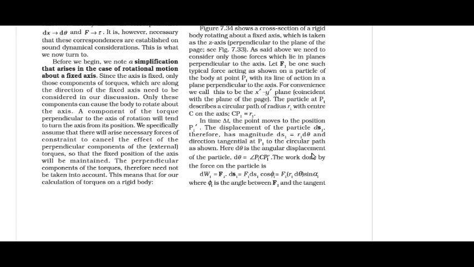Here d theta is the angular displacement of the particle, d theta equal to angle P1 C P1'. The work done by the force on the particle is dW1 equal to F1 ds1 cos phi1, equal to F1 r1 d theta sin alpha1, where phi1 is the angle between force and the tangent.